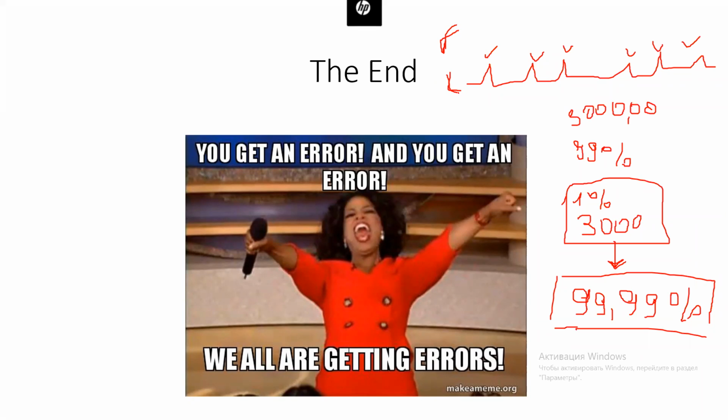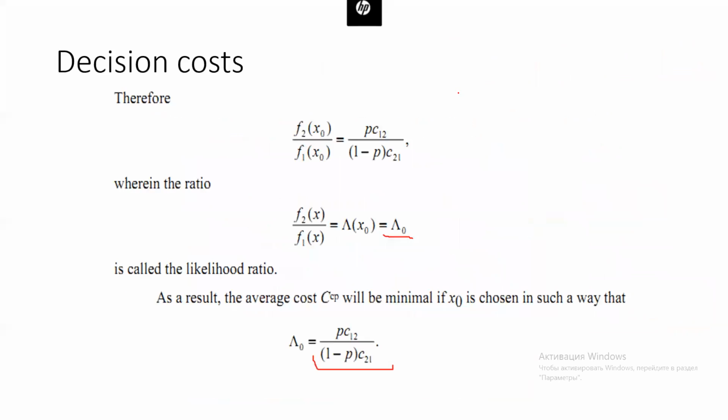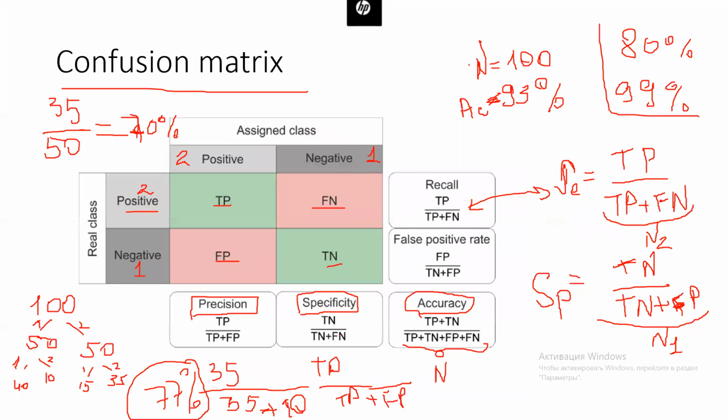Sometimes the simplest models, like Fisher or logistic regression, will be better than a neural network, because a neural network is a black box and you cannot explain the results of its calculations. I just want you to fix in your memory this idea about true positive, true negative, false negative, and false positive values.